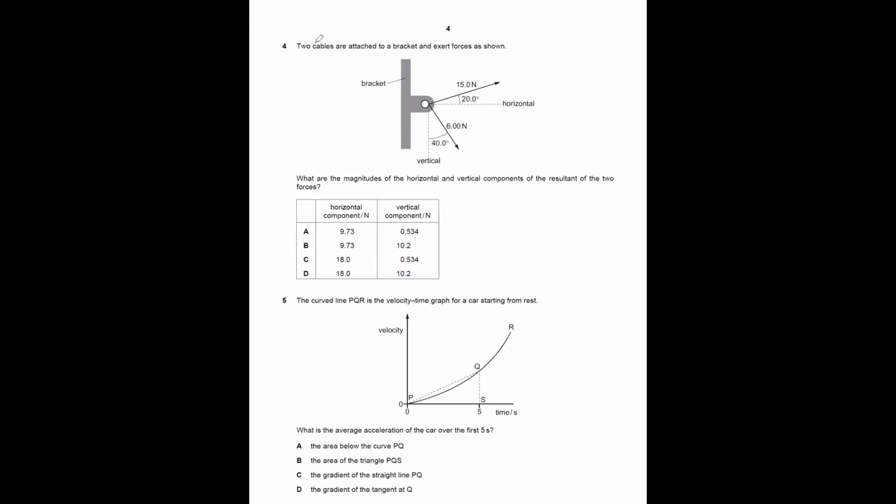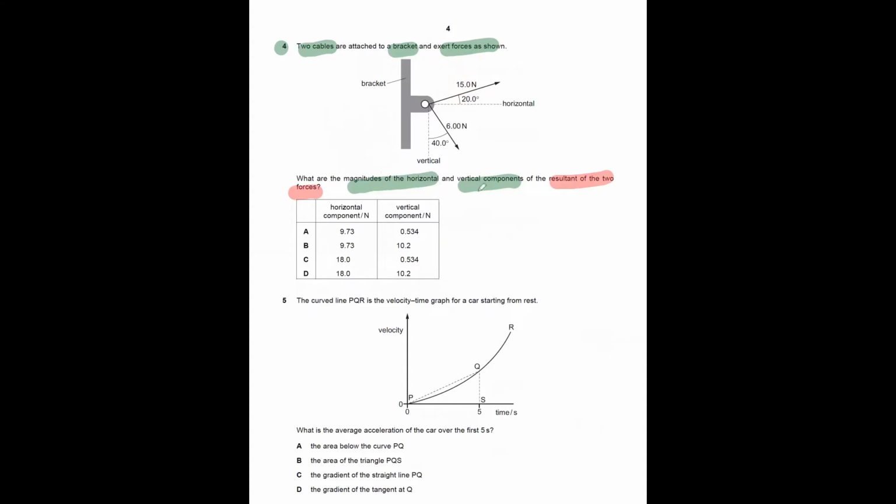Okay, now question 4. If you look at this particular question, they mention that 2 cables are attached to a bracket and exert forces as shown here. What are the magnitudes of the horizontal and vertical components of the resultant of the 2 forces? Okay.